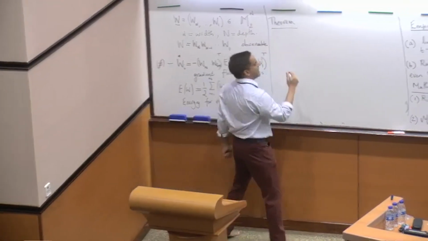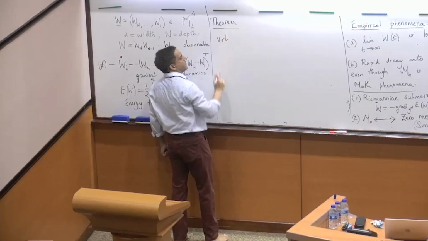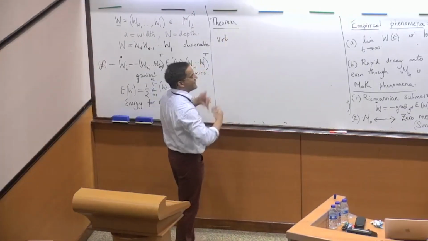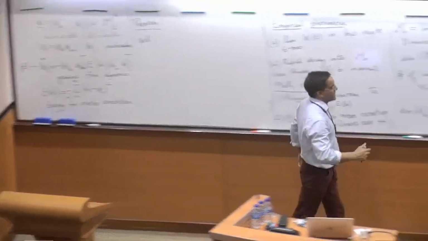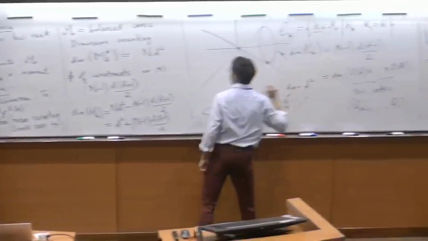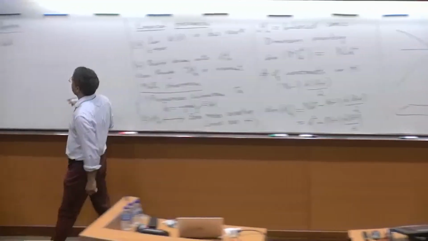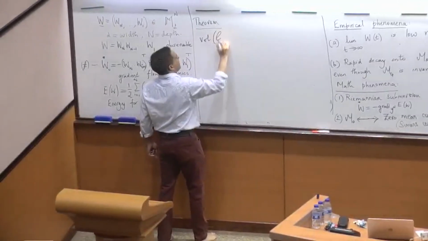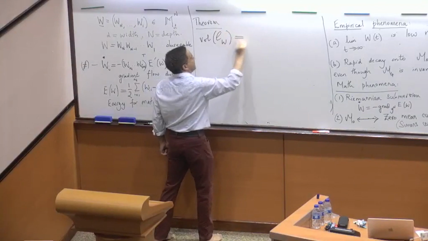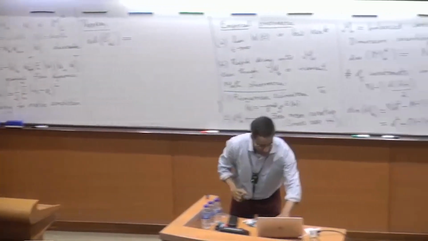But over here, the theorem is that the n minus 1 times d minus 1 over 2 Lebesgue volume of CW is equal to, let me just get that right.